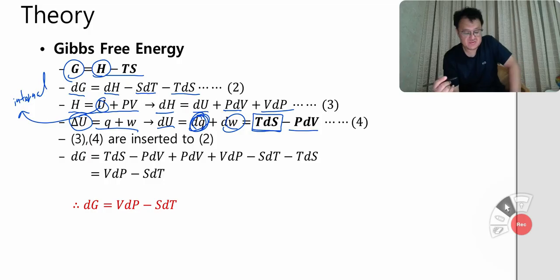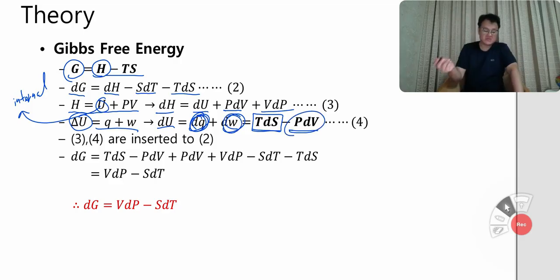So dq is basically TdS in the reversible process. This is something related to the Clausius equation, Clausius inequality. When you consider a reversible process, dq becomes TdS and dw becomes PdV.